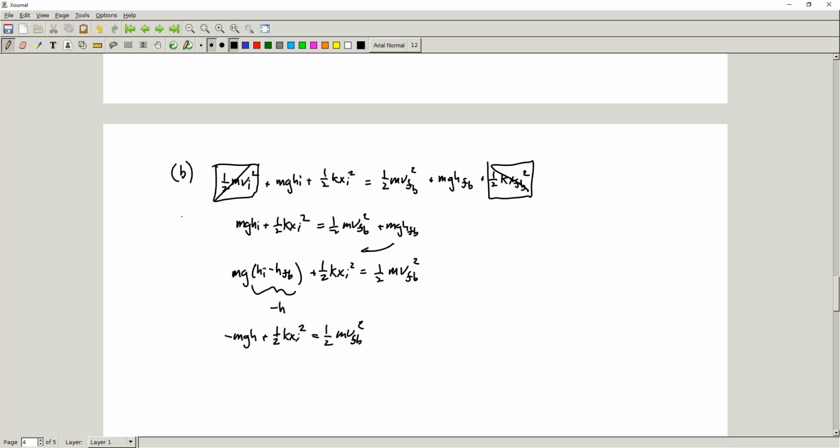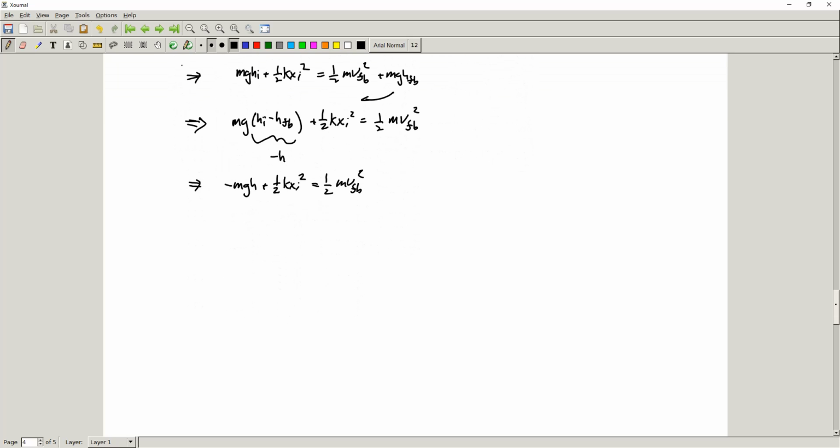And let's just continue cleaning things up. I'm going to multiply through by 2 and divide through by m. And so what does that give us? That ends up giving us 2gh, because I've multiplied through by 2 over m, plus k over m x initial squared equals v final b squared.